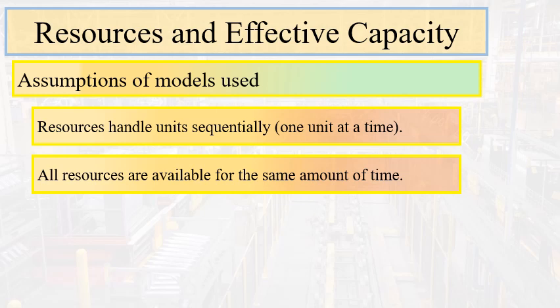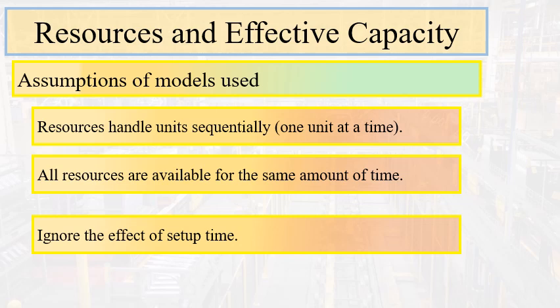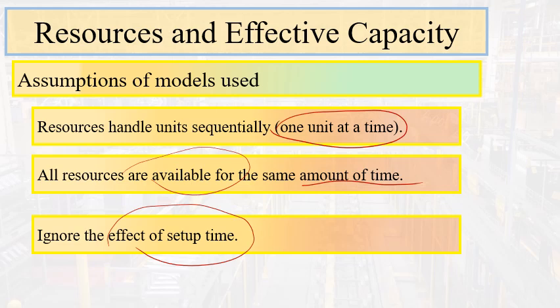One of the assumptions is that we're handling 1 unit sequentially, so 1 unit at a time. All the resources are available at the same amount of time. We ignore the effect of setup, and that's exactly what we've done in all the questions. There was no mention of setup. We assume all the resources were available, and we're doing things 1 unit at a time.